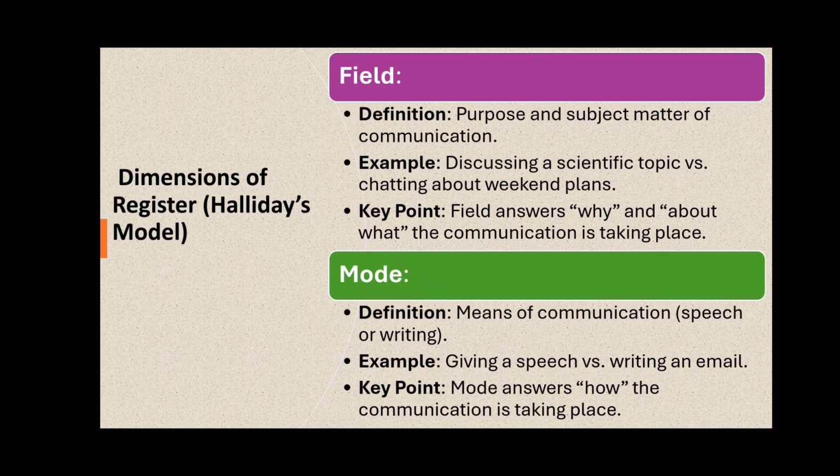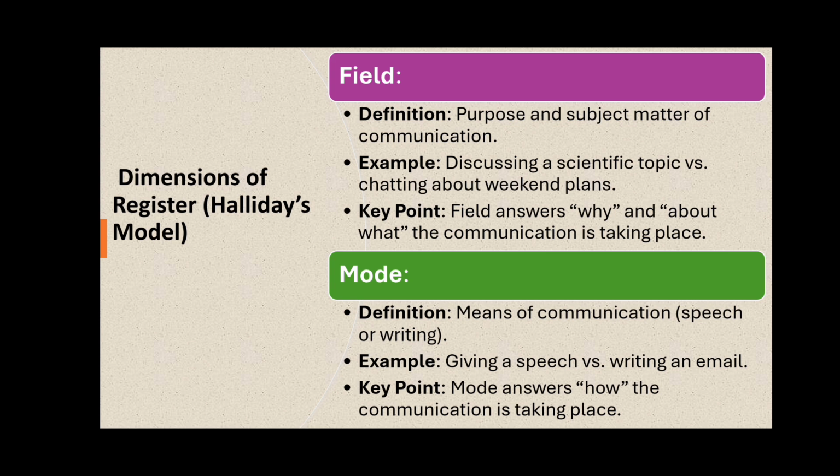So what is field? Field is the topic of your conversation, okay? The subject of your conversation. What are you talking about, or what are you writing? This is called field. Definition: purpose and subject matter of communication. What is the purpose and what is the subject matter of communication?